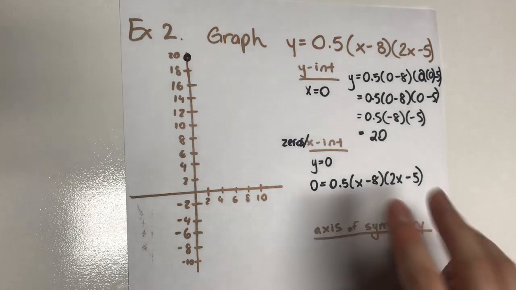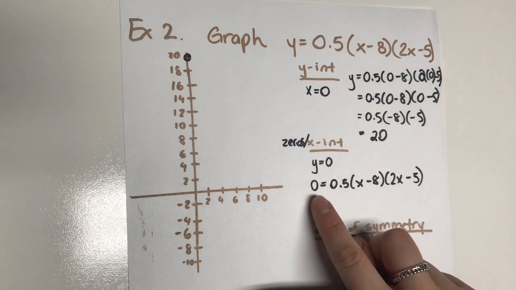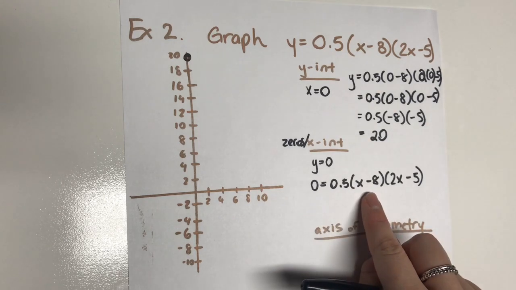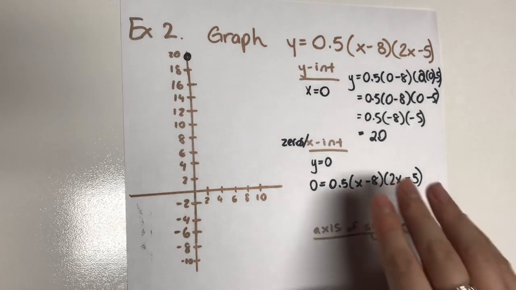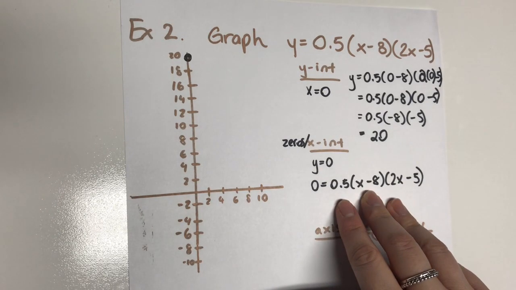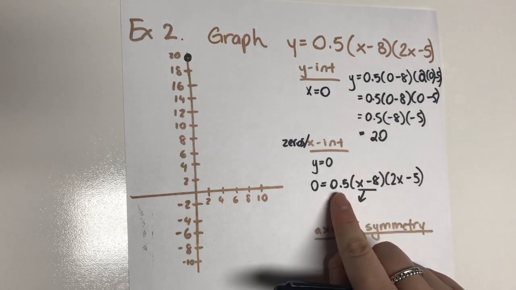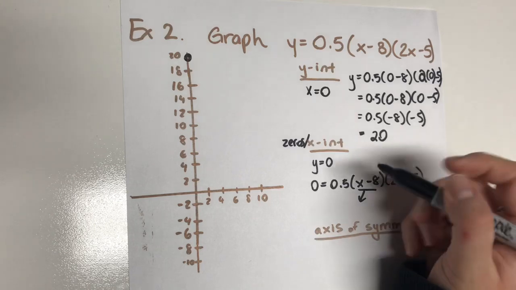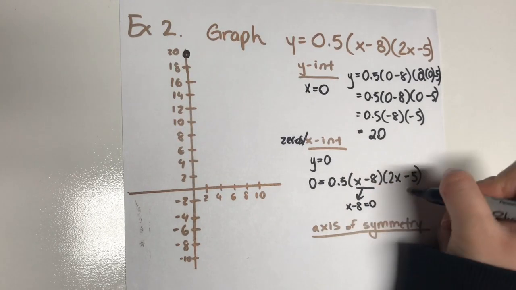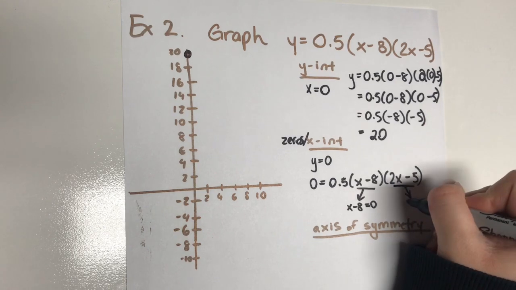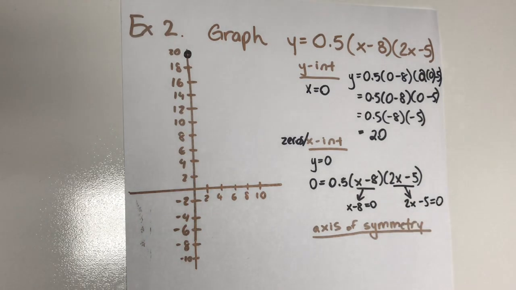This tells me I am multiplying 3 numbers together and my product is 0, which means the only way you can get 0 is if one of the numbers that you're multiplying is 0. This one isn't going to give me 0, but one of these must. So x minus 8 is equal to 0, or 2x minus 5 is equal to 0.